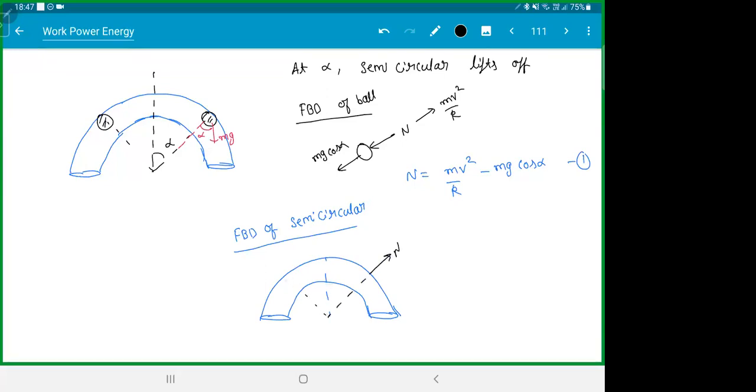This is N. This is N. And this whole weight will be capital Mg. This is alpha and this is alpha. So we get 2N cos alpha is equal to capital Mg. And what is N? mv square by r minus mg cos alpha. We'll keep it like this. This is the second equation. Check.